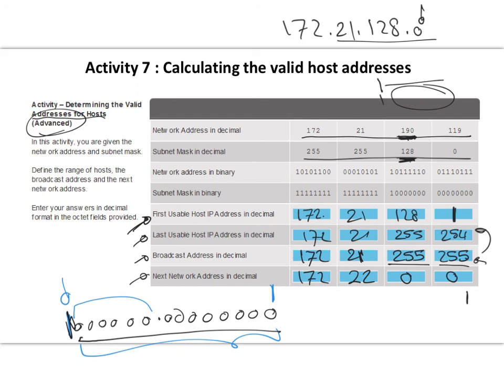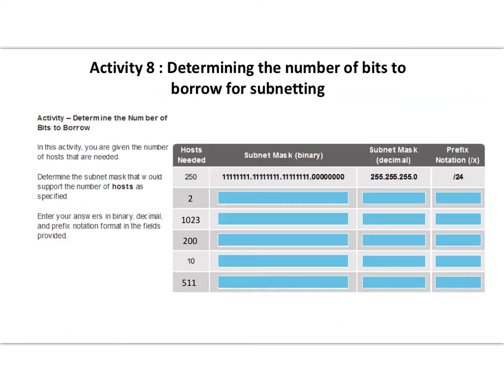Okay? So it's slightly trickier. With practice, this will become very easy, but you need to practice a lot. Any questions? So we'll do determining the number of bits to borrow for subnet. Actually, we can do that next time.